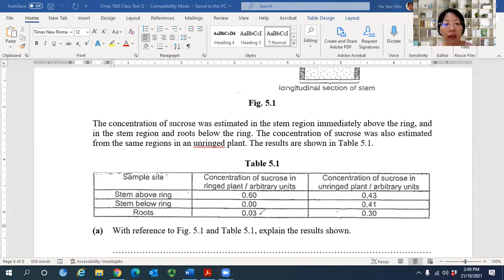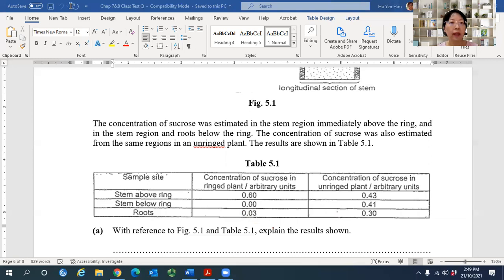Okay, sucrose is taken out, but sucrose is not replaced. So there's output, no input. So overall, the concentration will drop. Okay, so just think of every time you want to describe concentration, talk about output and talk about input. Okay, consider both directions.